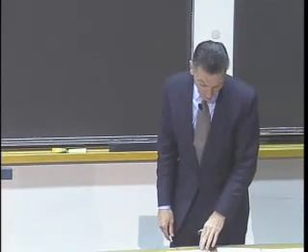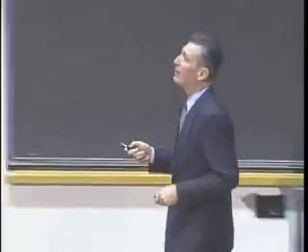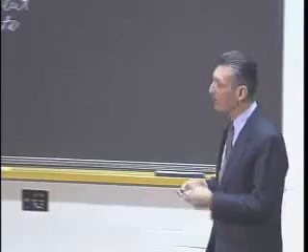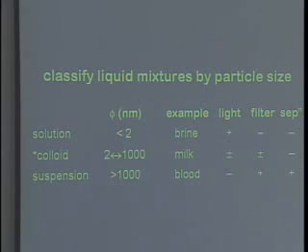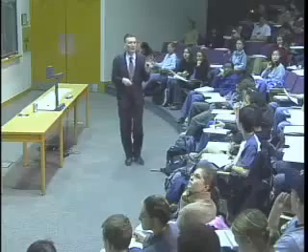And then I want to look at a little bit more detail here in the fine structure of mixtures. In the case of mixtures, we can look at the solution as being something that's mixed at the molecular level where, say, the diameter of the solute is less than several nanometers.